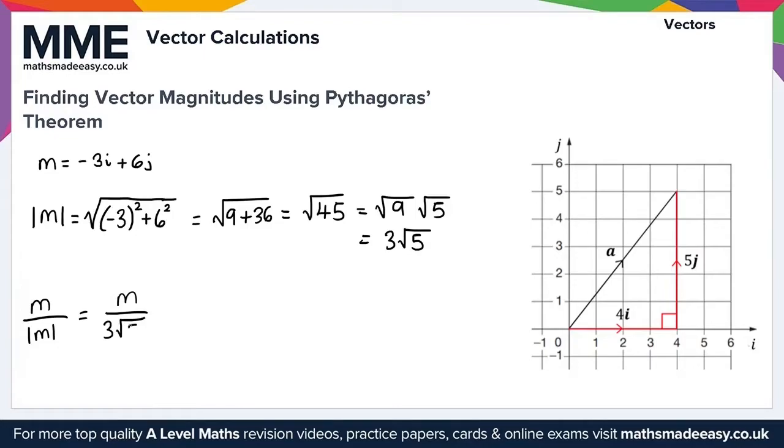So we could write this as 1 over 3 root 5 times our vector m, which is minus 3i plus 6j. And that gives us the solution to our example, and everything we need for finding vector magnitudes using Pythagoras' theorem.